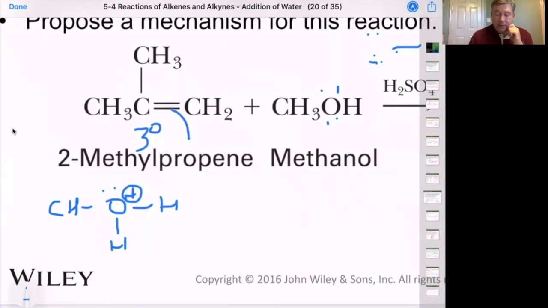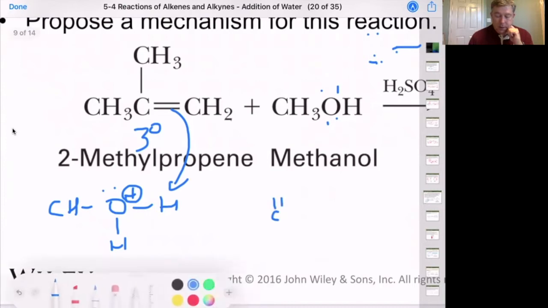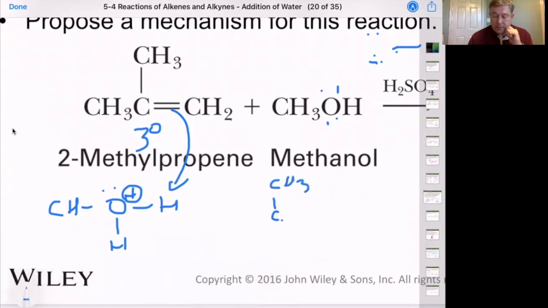Then we can have these electrons reach out and grab that hydrogen, and that would generate our tertiary carbocation, CH3, CH3, CH3, and a cation here. Because the proton came off, we have methanol again.